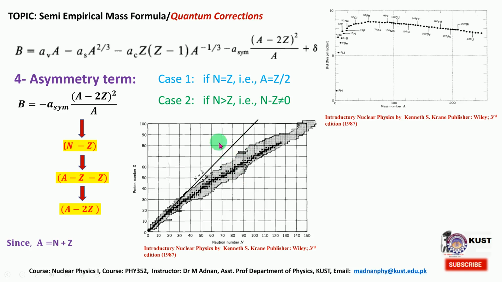So this asymmetry in the neutron proton number exists, and because of this asymmetry we have a term in the binding energy. One can see that there is no case in which the proton number is greater than the neutron number. That would be the case if we had elements over here, right?